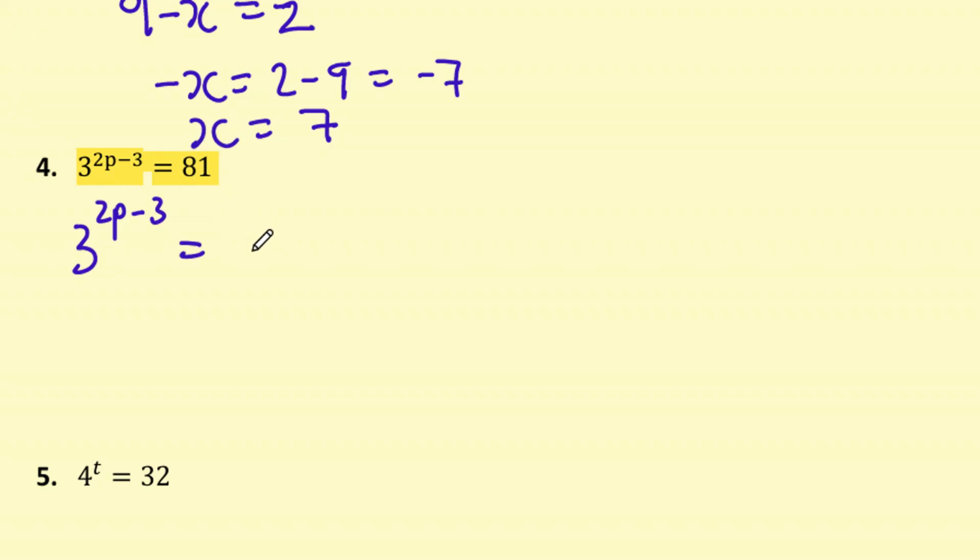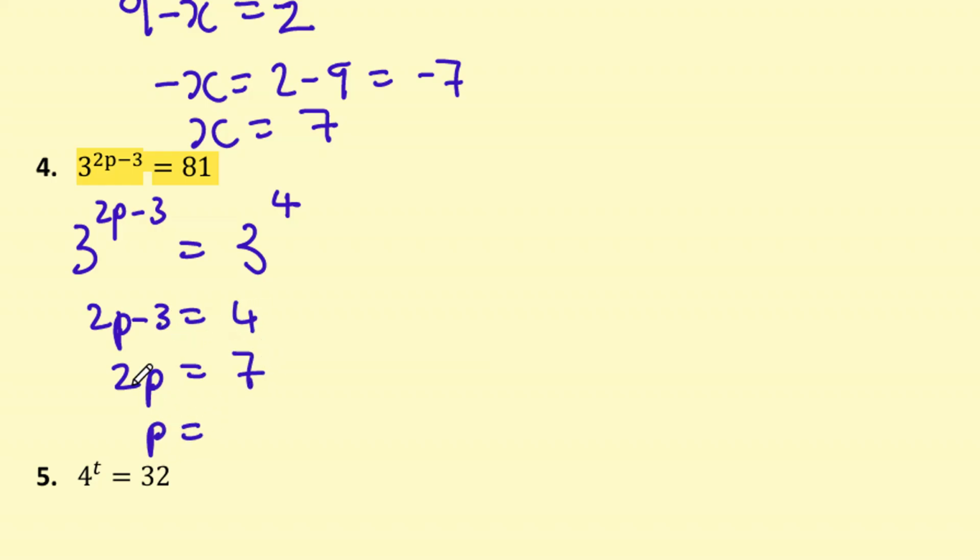And using prime factors of 81, 81 can be written as 3 to the power of 4. Now the bases are the same on both sides, and that means the powers must be equal. So 2p minus 3 must equal 4. And we solve for p in this equation. So 2p equals 4 plus 3, which is 7, and dividing 2 into the right-hand side, p is 7 over 2.